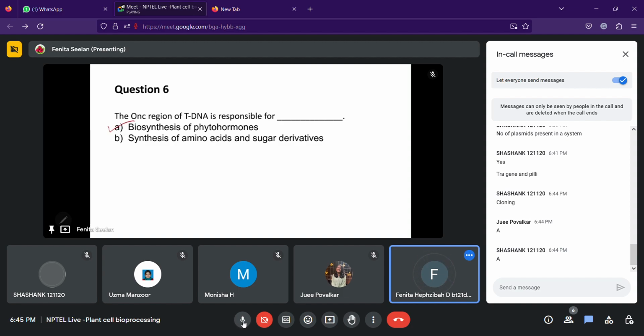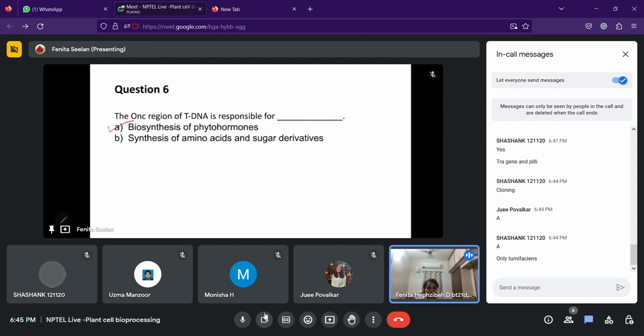So what is tDNA and is it present in both Agrobacterium rhizogenes and Agrobacterium tumefaciens, or only present in tumefaciens? Only tumefaciens, you say.